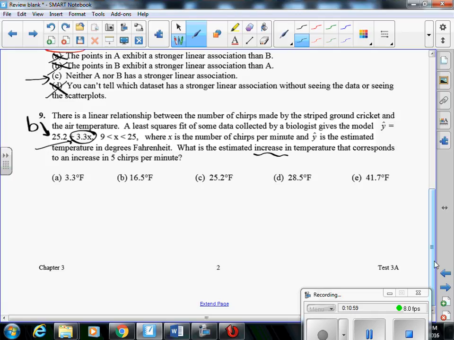So really all I care about is to take that slope and multiply it times that 5. By doing that, I'll know what the increase is supposed to be, added to 25.2. It's not asking me what my final temperature is going to be. It's asking what my increase is going to be, so I just need to do the multiplication to find the increase. So read carefully.